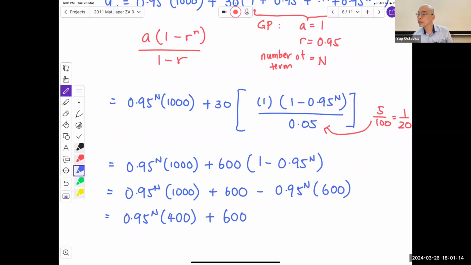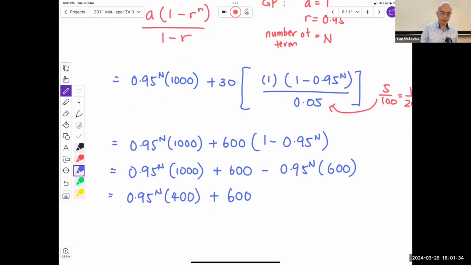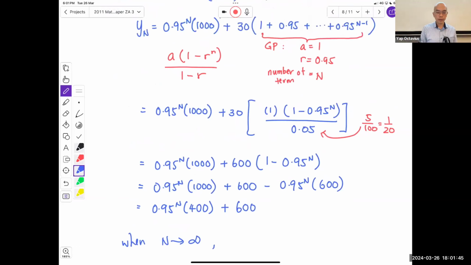So the question asks, describe how the number of members behaves in the long run. So long run, what do we do? We let n go to infinity, because long run is n goes to many years. So when n approaches infinity, what will happen?